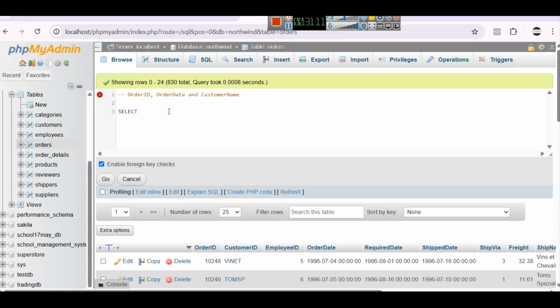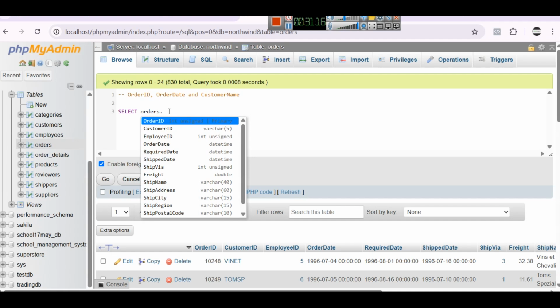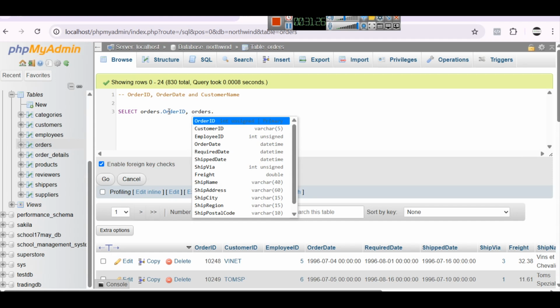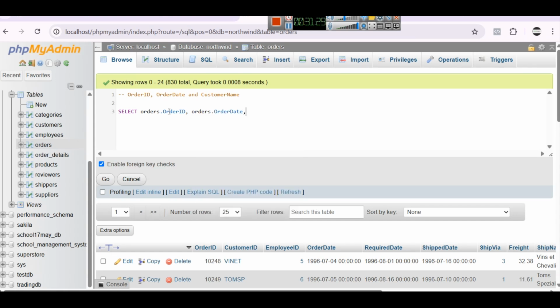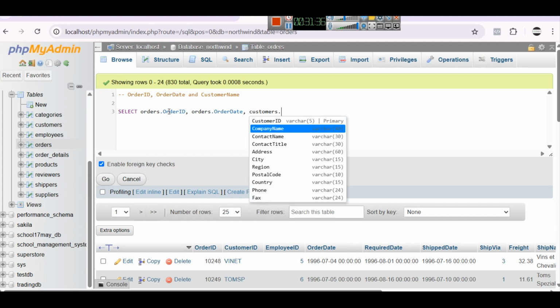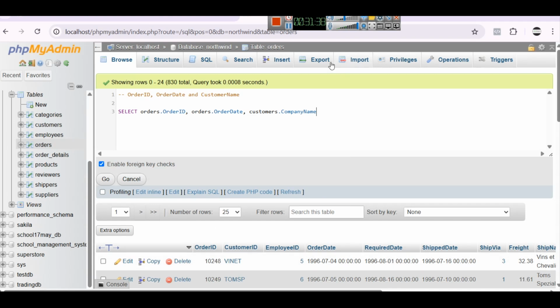Select orders dot order ID, orders dot order date, customers dot customer name, because customer name will not be in orders. In customers, we have two names, one is the company name, one is the contact name.